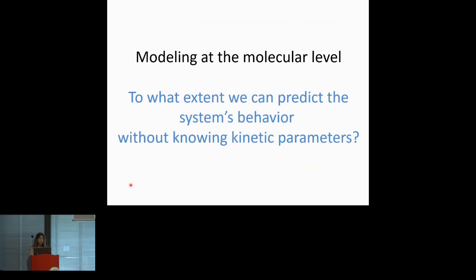Okay, so coming to the modeling at the molecular level, the question is to what extent we can predict the system's behavior without knowing the kinetic parameters. And that is the main advantage of Petri nets, that you can generate statements on the system's behavior without the kinetic parameters.